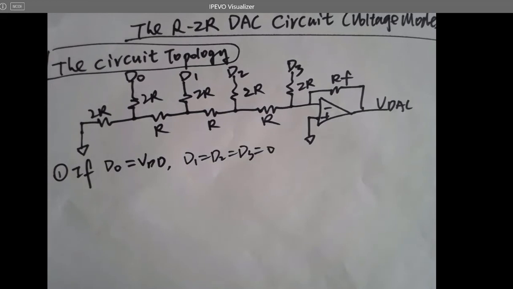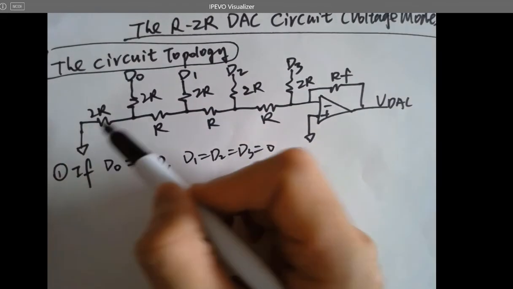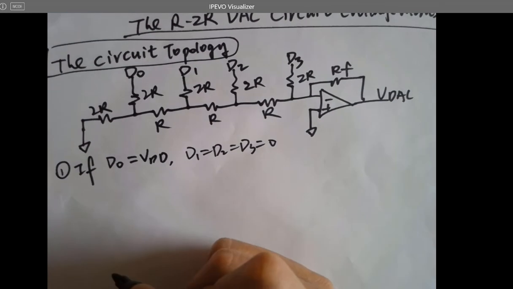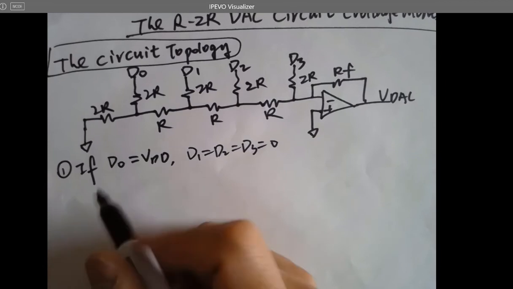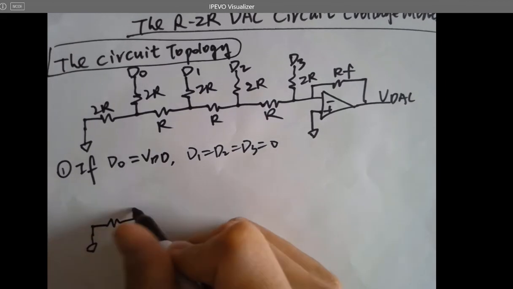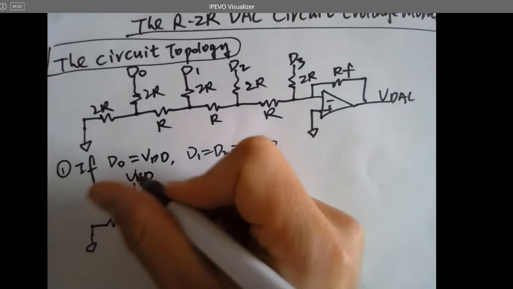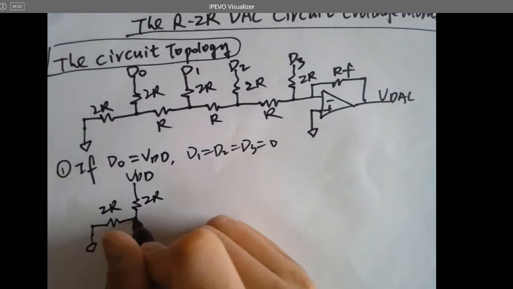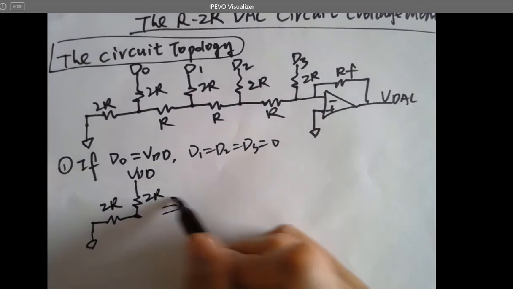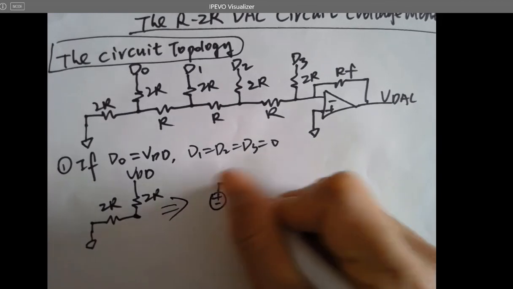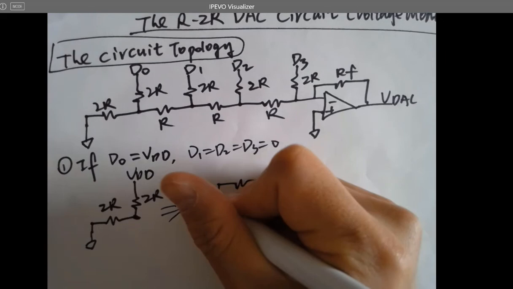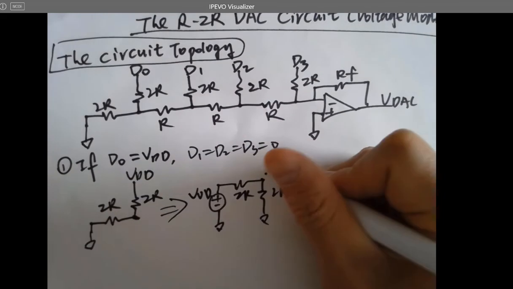If you just look at this part, it's actually connecting a VDD to here, right? It's going to be VDD, 2R, 2R. So what will the voltage here be? So this is equivalent to what? A voltage divider, right? 2R, 2R. That's VDD, and here will be VDD over 2.